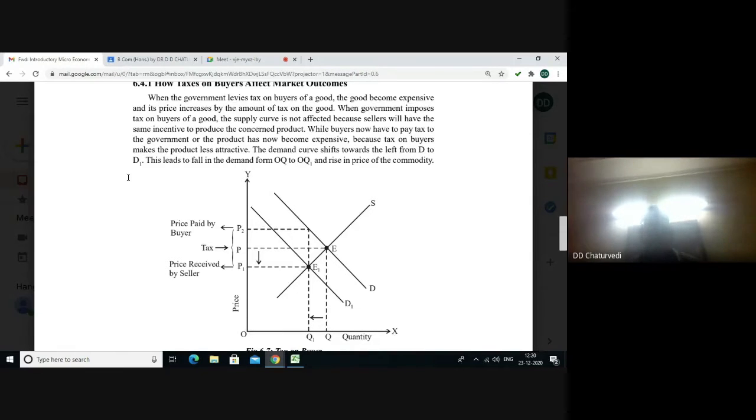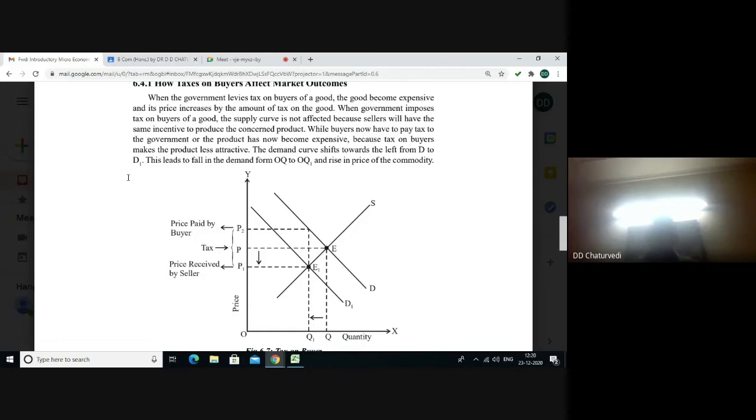Now in this figure, we find that the price which is paid by the buyer will be equal to OP2 and the price received by the seller according to the new equilibrium point E1 will be OP1.